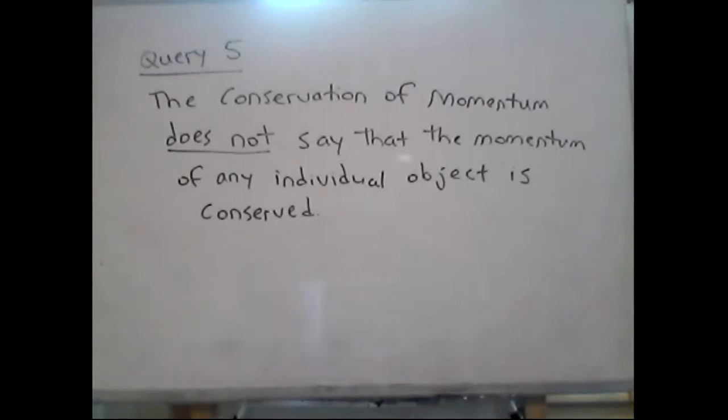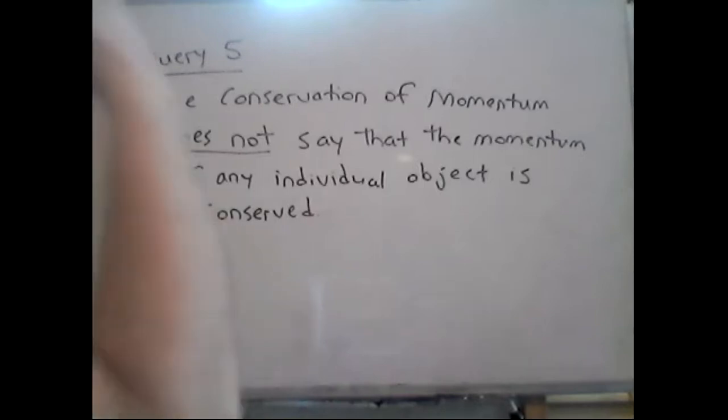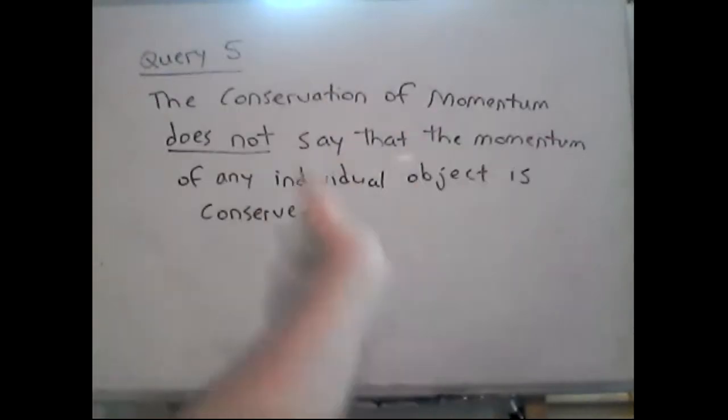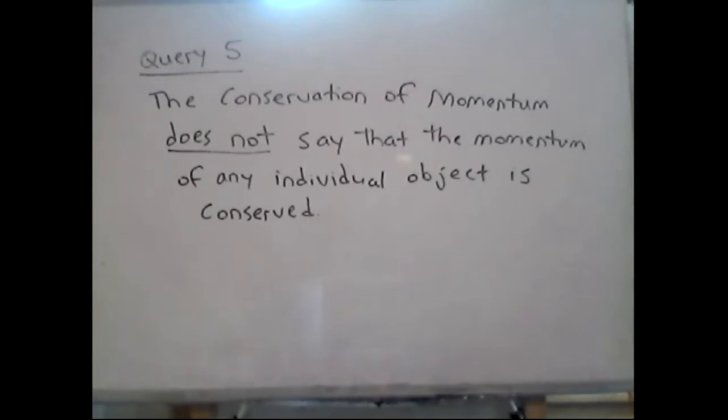It means that if you add up all the momenta of all objects before collision, at some time t1, the total momenta of all the objects after collision is the same at a later time t2. Again, the answer to query 1 is very similar to the answer to query 2. But that's what the conservation of momentum is, exactly that.